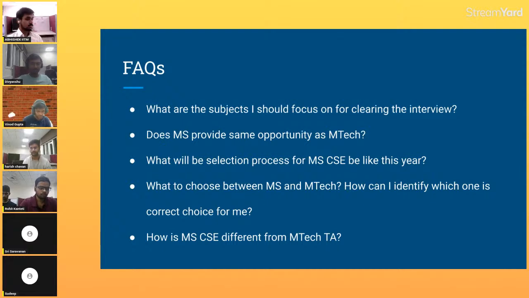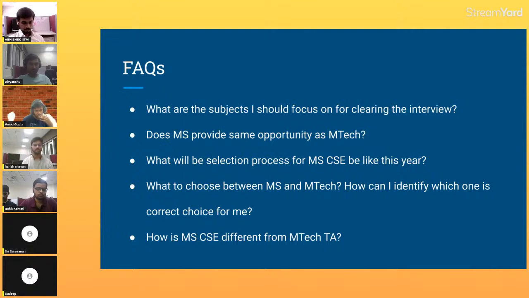Like if there are subtopics in networking and switches, cryptography, parameterized computing, and all those complicated topics, which are currently cutting edge research topics. So yeah, that's how MS CSE is different from M.Tech TA. But there are a few more points.